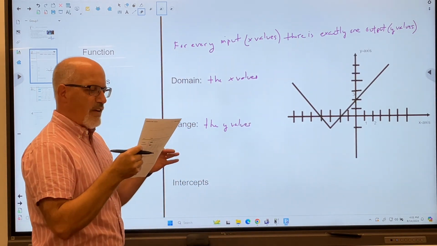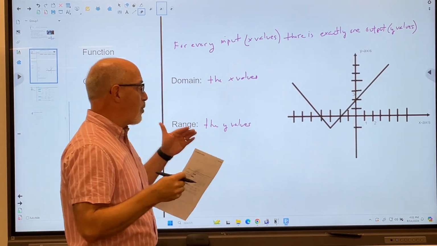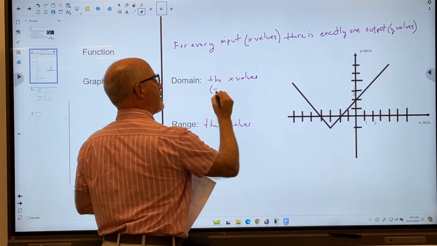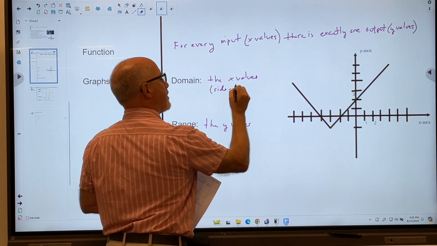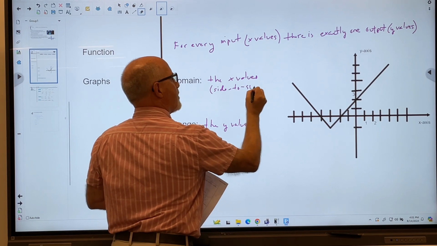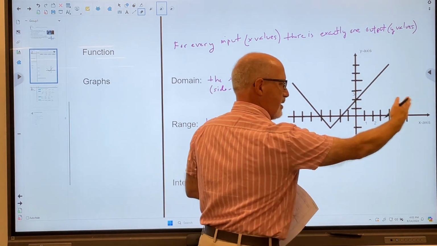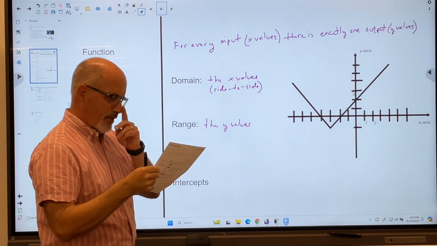So with the x values, what you want to do is realize that we're going side to side with these. So you start here, you end here, what is happening side to side for the graphs.